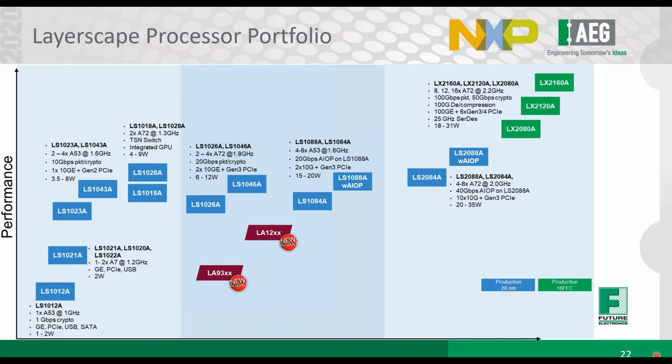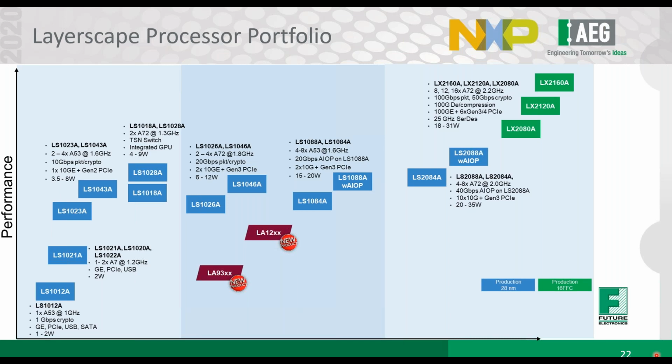So again, you get that same scalability within just this family of devices. You also see some pockets of different options here and there where you have, say, for example, a flavor that has 1 or 2 A7 cores if you want to stick with the 32-bit architecture. There are also flavors that do come with an integrated GPU and a TSN switch. So depending on your application and performance requirements, same thing as the other families here, you've got that flexibility to scale up and down as needed.